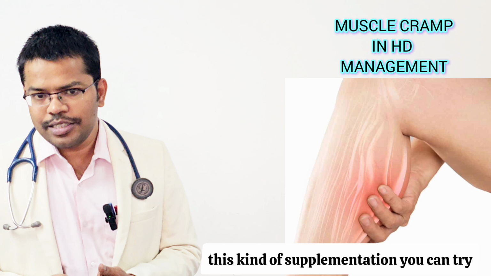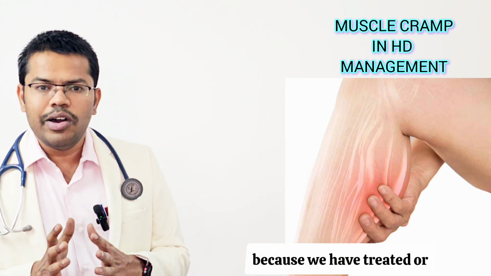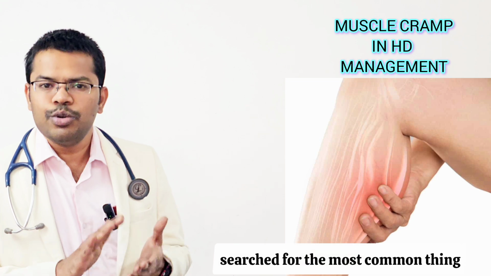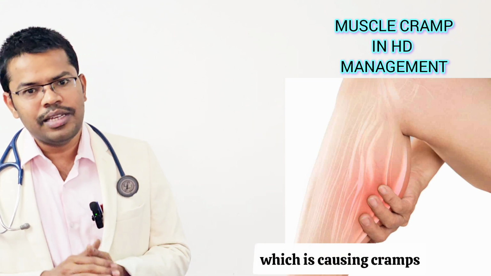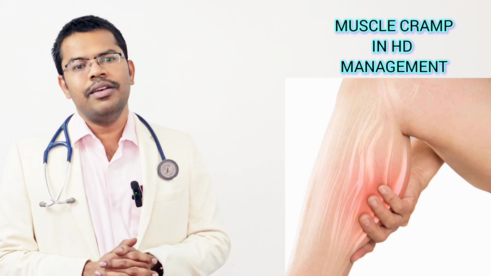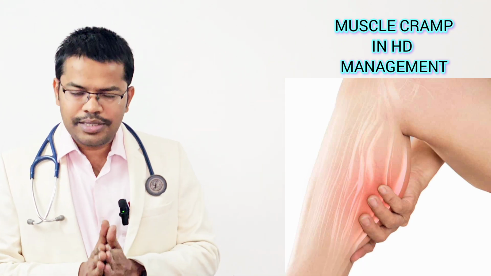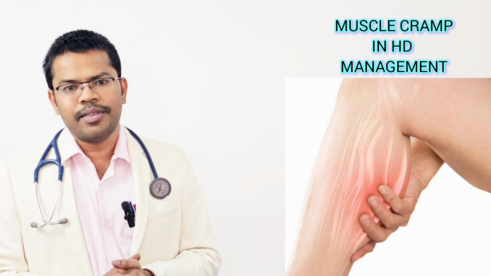These kinds of supplementation you can try, because we have treated or searched for the most common things causing cramps. Now we have to supplement with biotin or vitamin E. Apart from this, is any other treatment available? Mostly 99% of patients will respond to this.